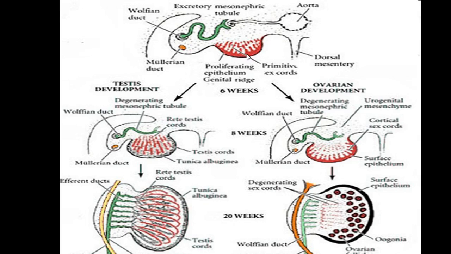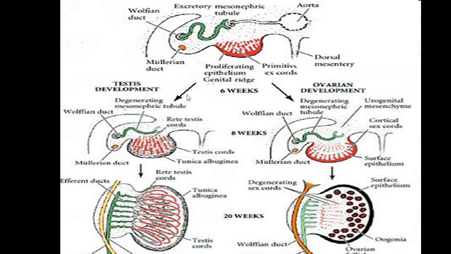Here you can see there is proliferation of the surface epithelium, the coelomic epithelium, and the sex cords are formed, and they proliferate, migrate and protrude into the surrounding mesenchyme. This is the Wolffian duct. This is the mesonephric tubules.